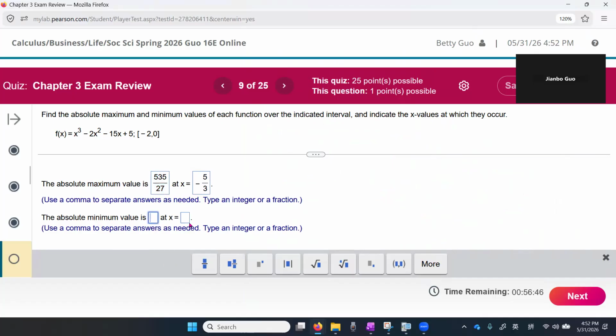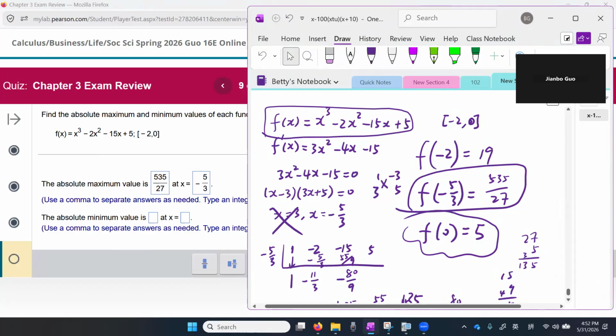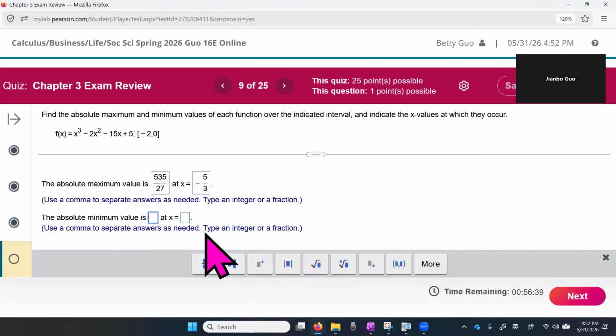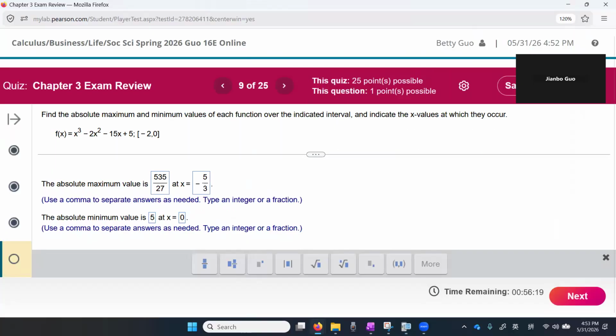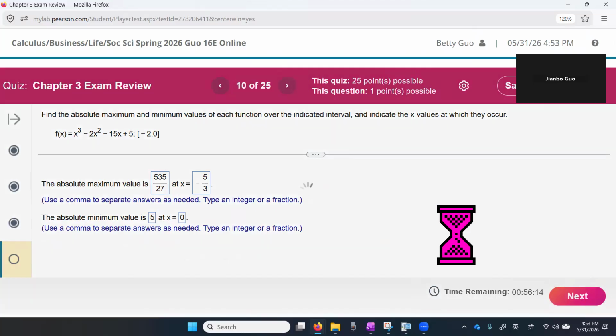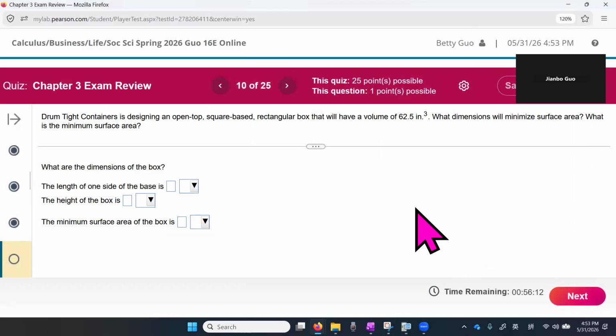The absolute minimum takes place at 0. The minimum value is 5. Obviously, when we plug in x equals 0, y equals 5. Okay, that's it. It's not very difficult, but because of the fractions, it's very troublesome.